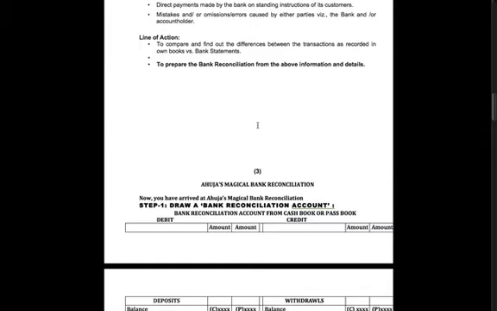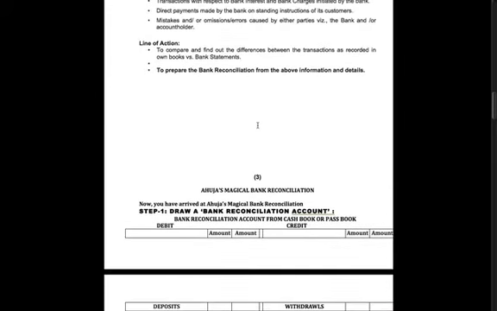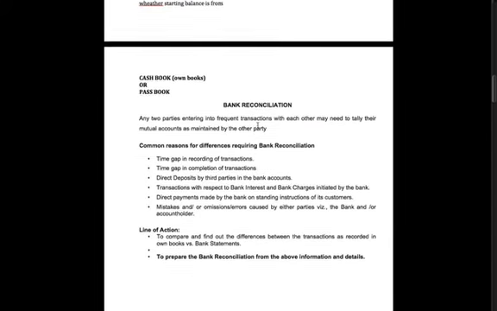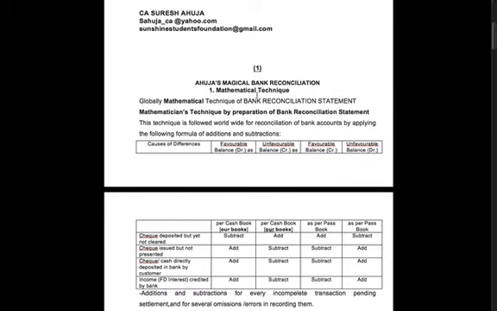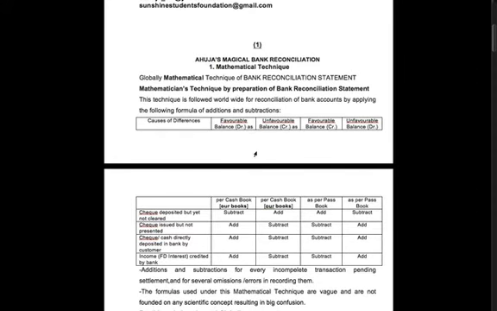Now I'll explain one thing: until now, a bank reconciliation statement used to be prepared, as you could see here. Why do we call it a statement? Because it is in the format of a statement and not an account.